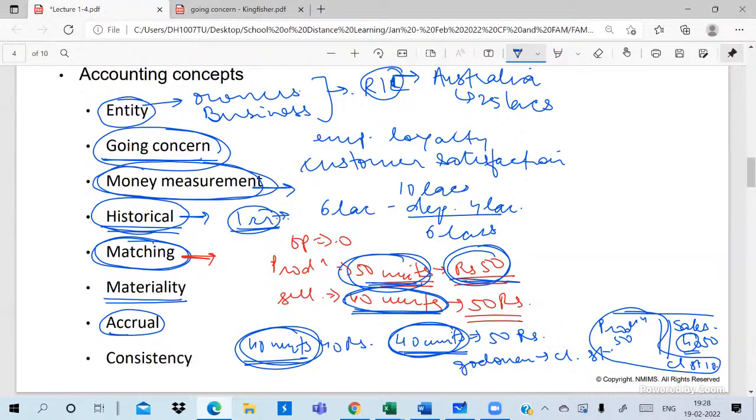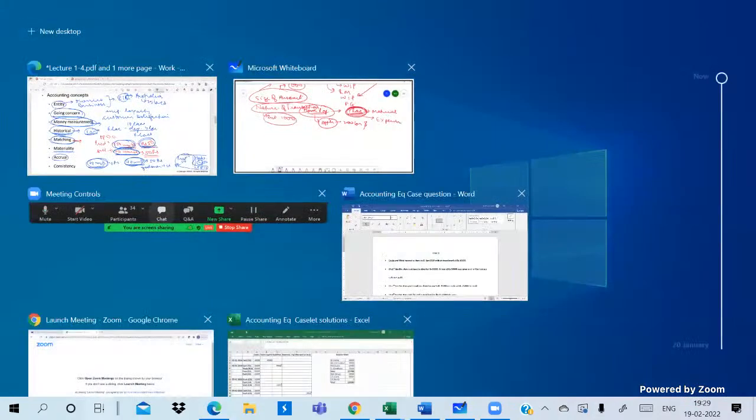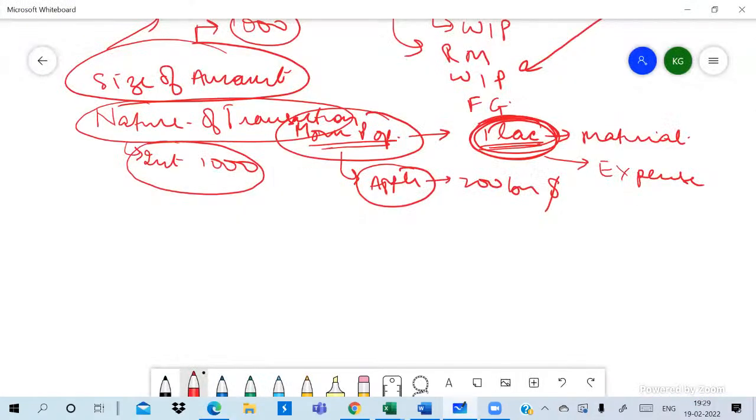Okay. Expenses recorded within 12 months, receivable or payable. Fine. Okay. Let's try and understand what you mean by accrual concept. Whatever you said is correct. Fine. So let's look at the accrual concept. Now, what do you mean by accrual concept?